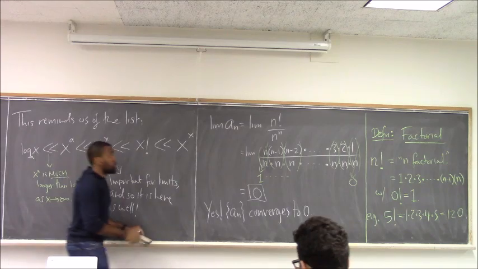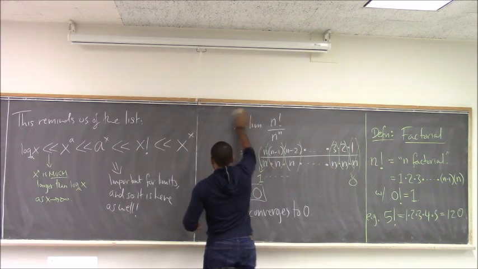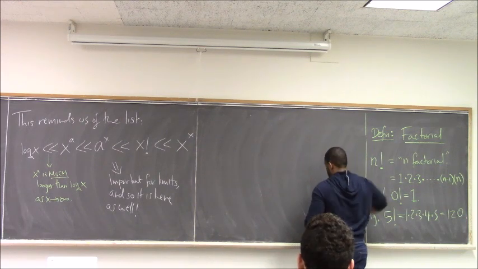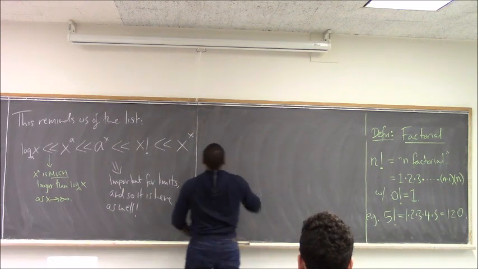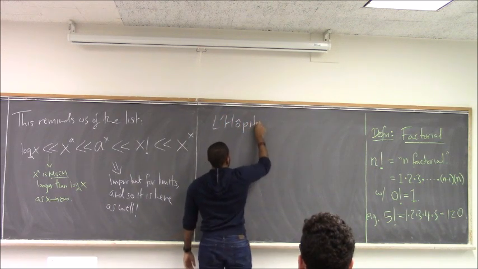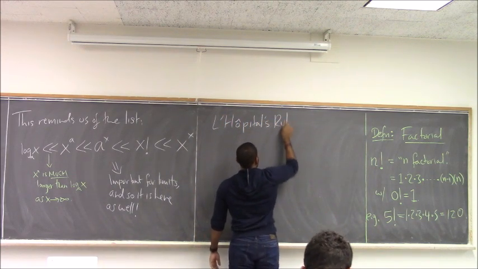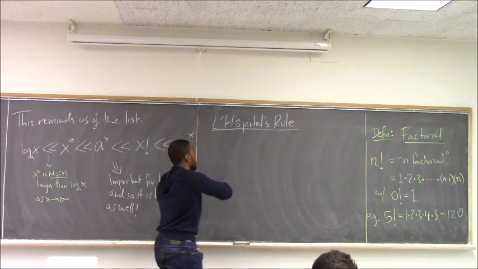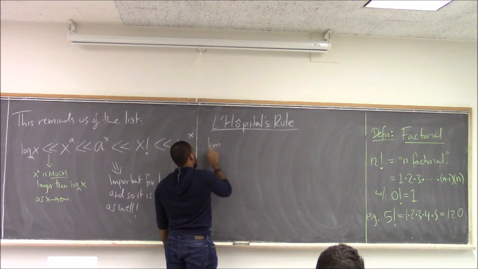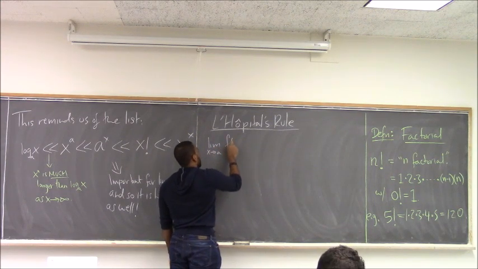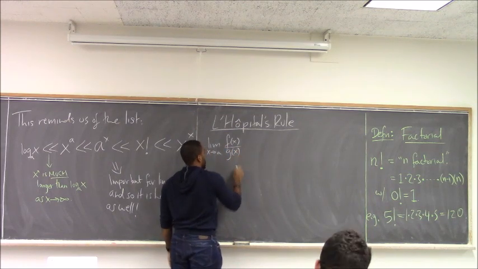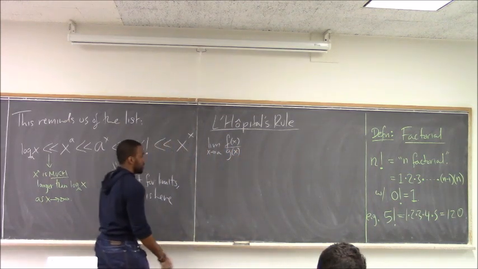Another thing that you should remember about limits, I'm going to expect you to remember, is something called L'Hopital's rule. Basically, if you have a limit, of course there were some continuity and differentiability requirements and all that, but it's going to be clear when this can work out.